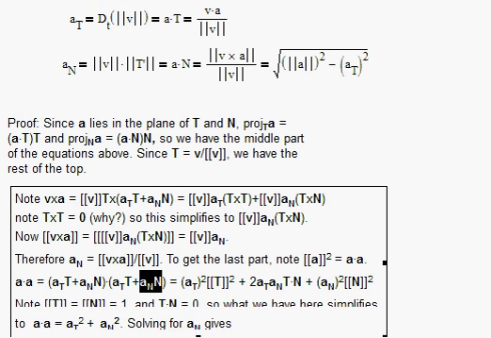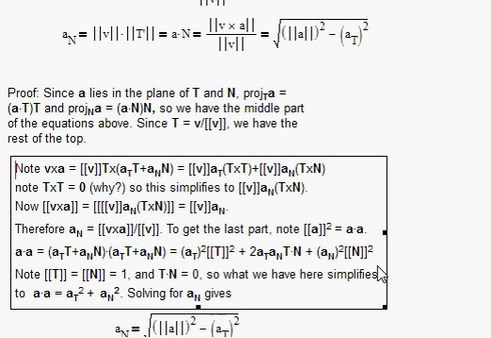Keeping in mind that normal vectors cross with themselves is 0, and this dot product would be 0 because the unit tangent and unit normal vectors are orthogonal, so their dot product is 0. The length of T would be the same as the length of N, which would be 1. So when you have this, there's 1 squared. We have this, well, there's 1 squared.